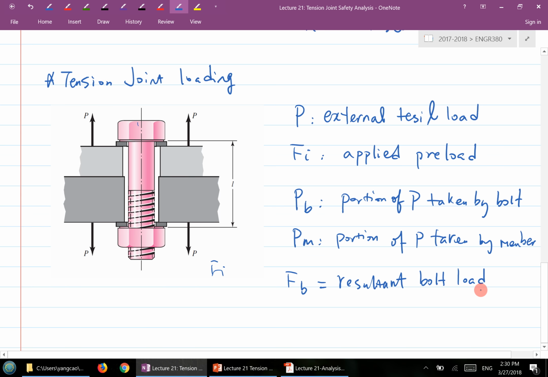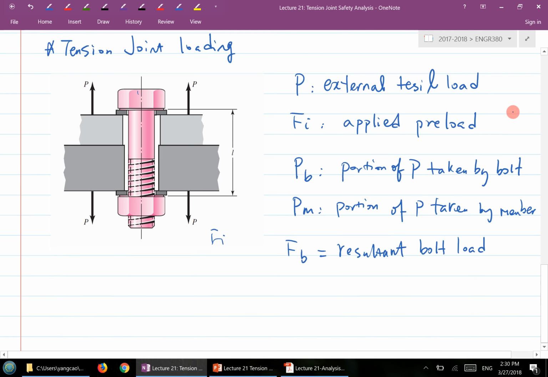Notation-wise, resultant bolt load means Fb equals Fi plus Pb. So Fi plus Pb: more tension force on the bolt.